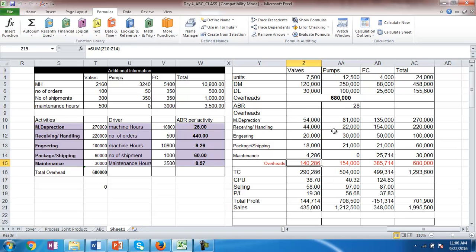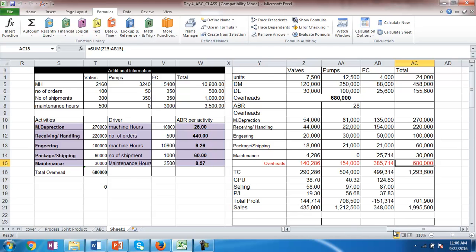And the same exercise is done for the pump and the flow controller. And in the process, we absorb the 680,000 to different products by using activity-based absorption rates.